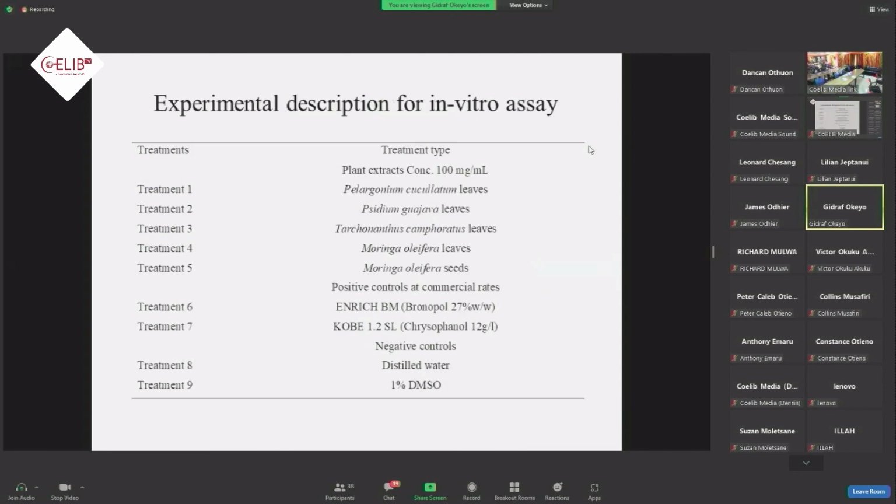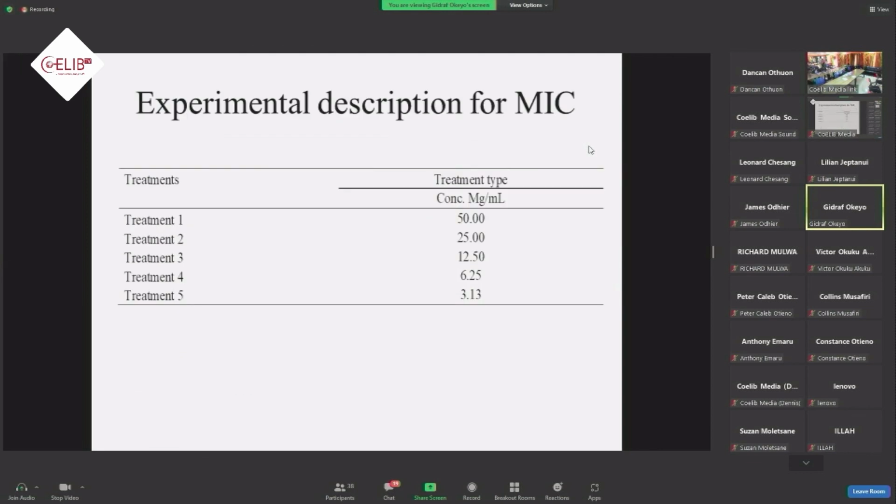Then we organized a CRD experiment in the lab, where we had 9 treatments as outlined there. For those that worked well, we moved further to assess their minimum inhibitory concentration.